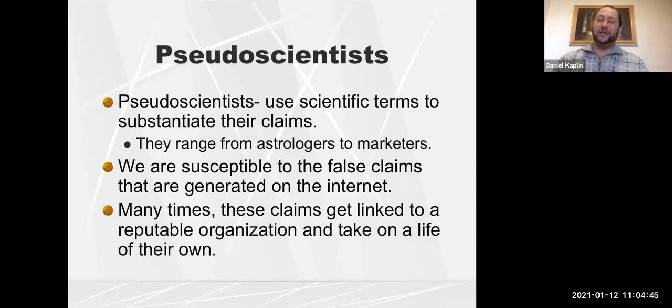Now, one strategy that pseudoscientists use, as I think I alluded to, is that they'll latch themselves on to a reputable organization. So they'll latch themselves to the American Psychological Association or whatever and say, look, I'm endorsed by so-and-so. They'll use that linkage to a reputable organization to gain credibility. Be careful with that.